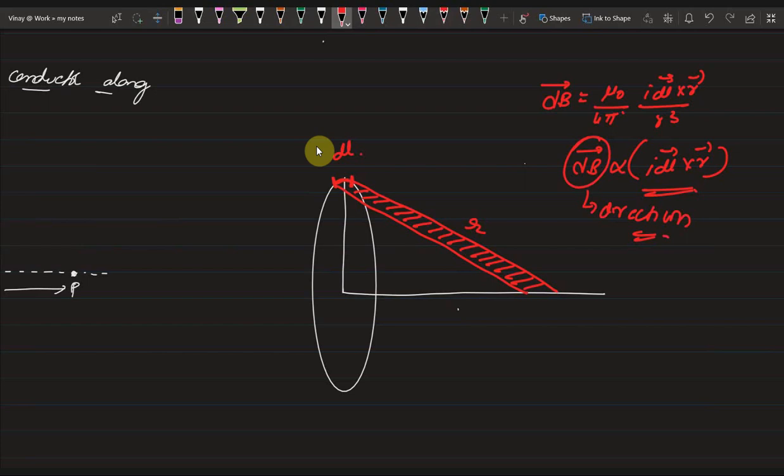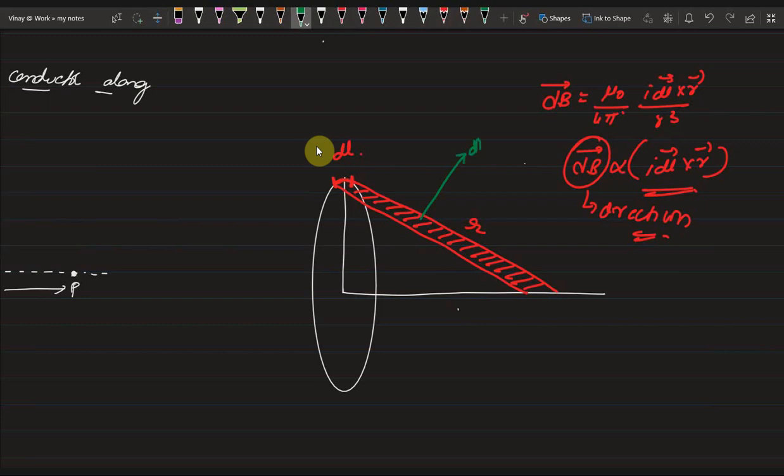Many times we discussed that in a vector product, the resultant will be perpendicular always. So dB bar is perpendicular to dl bar and r bar. Very good.